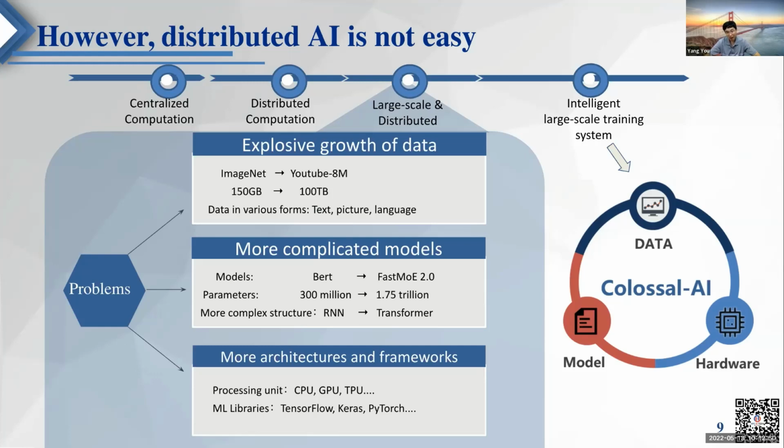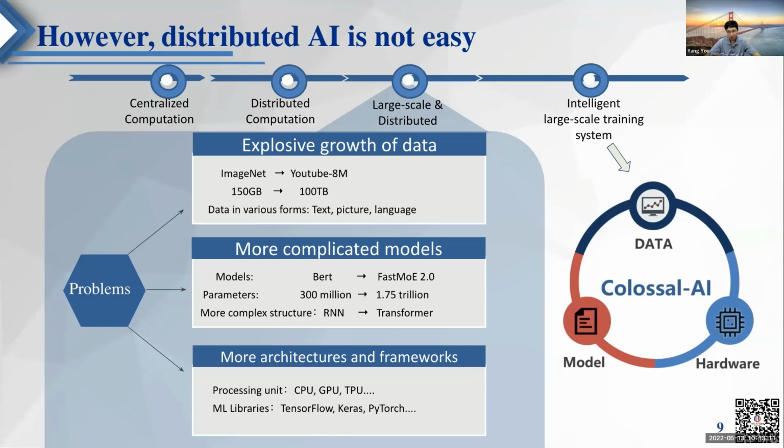However, if we want to do data mining and make full use of the unlabeled data sets, we need a very large, complicated model. We need pre-training and transfer learning. That's why our models are becoming larger and larger.